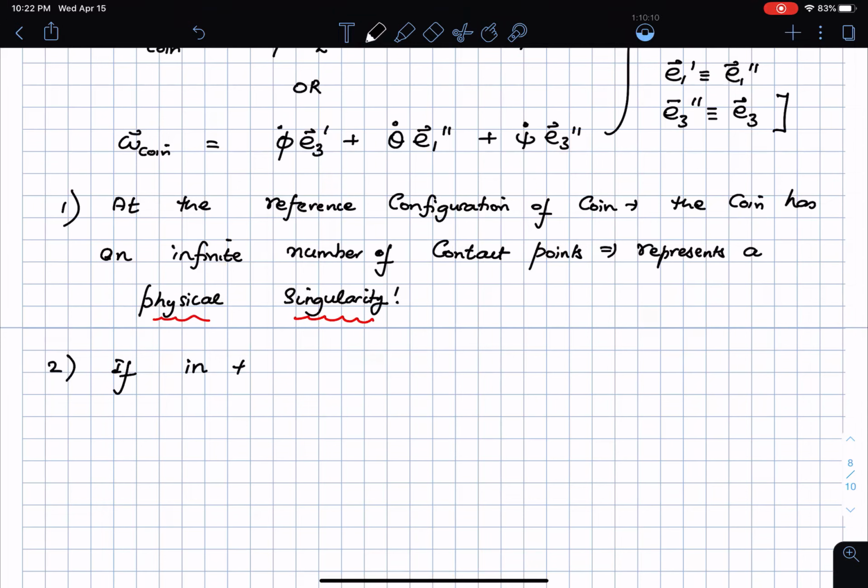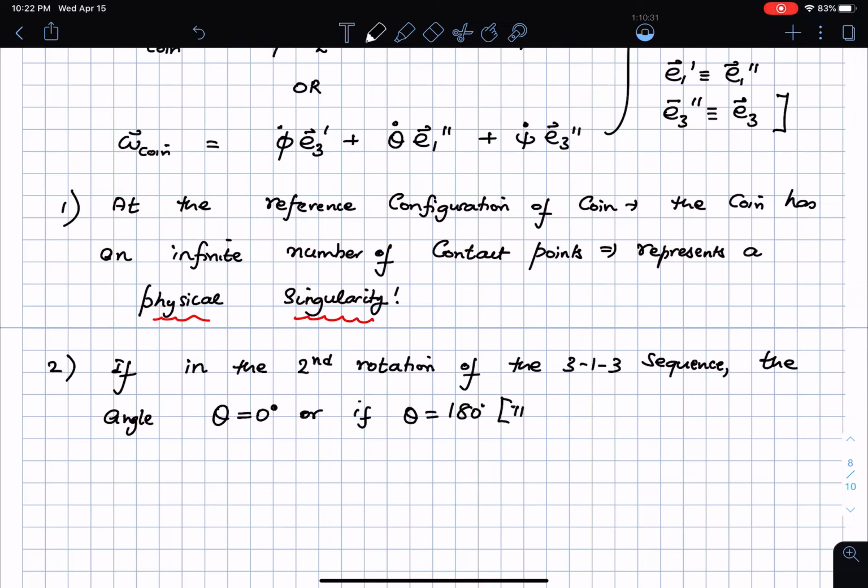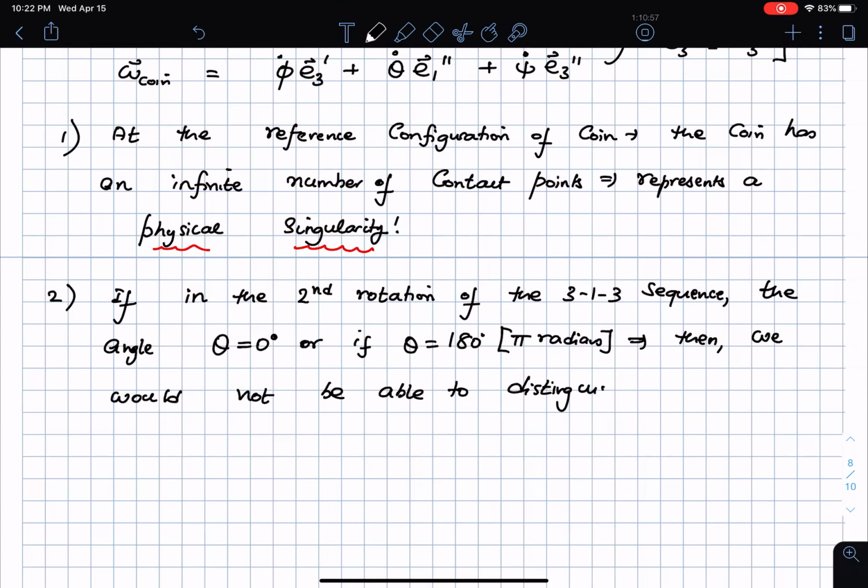If in the second rotation of the 3-1-3 sequence, the angle theta is 0 degrees, or if theta were 180 degrees or pi radians, then we would not be able to distinguish between the phi dot and the psi dot rotation rates.